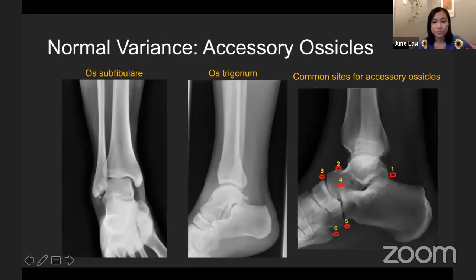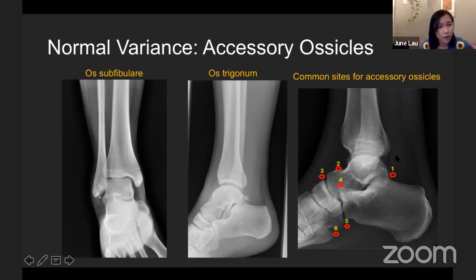One of the other slightly trickier things with the ankle is that there are a lot of normal variants, and they come in the form of little bones that just like to sit in places and mimic fractures. This here is a very common place called the os trigonum. You can get little bones underneath your fibula and underneath the tibia here as well.